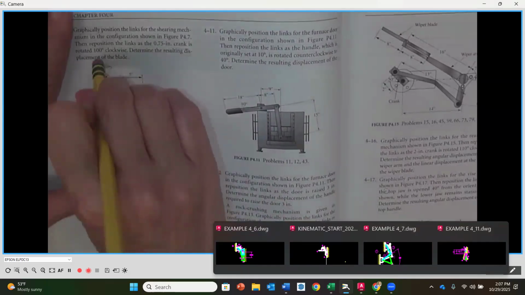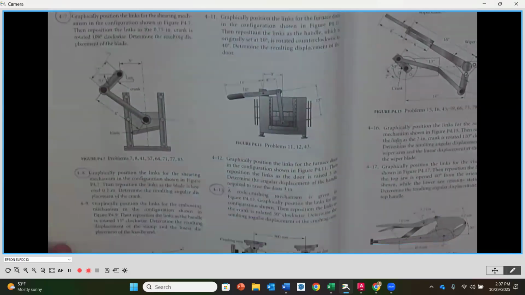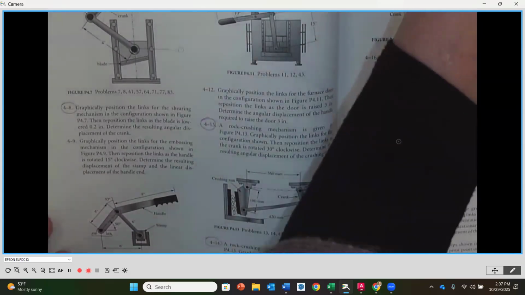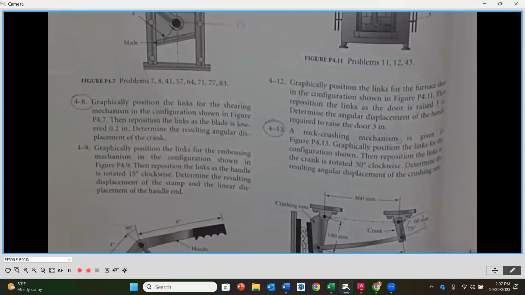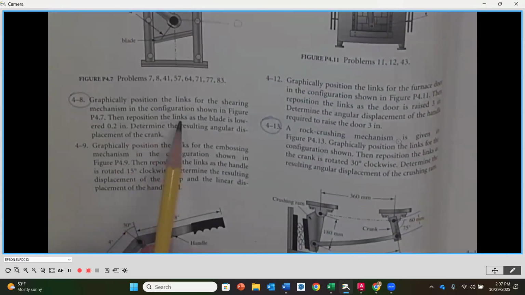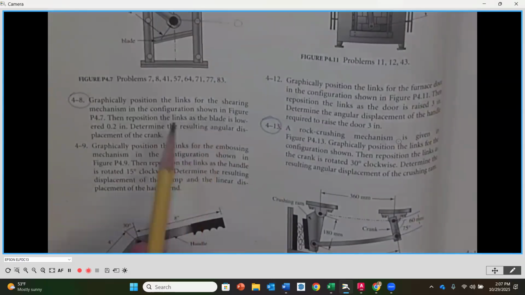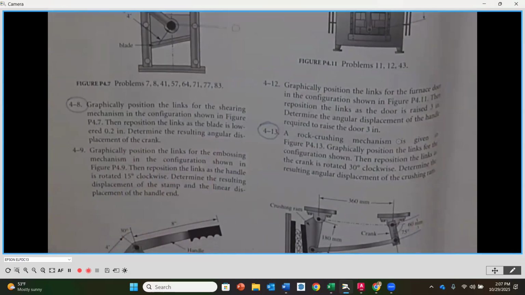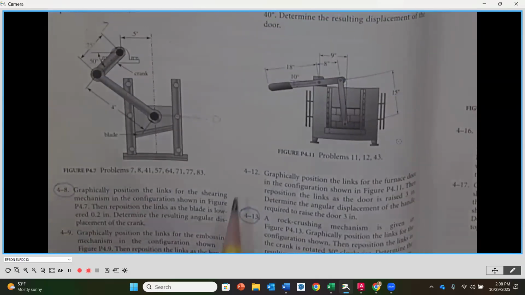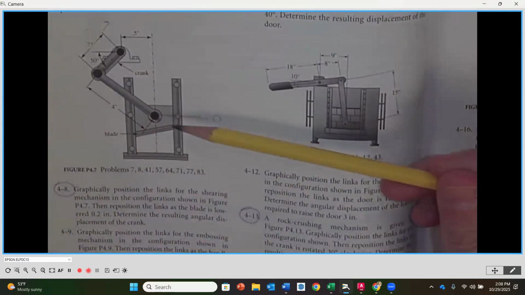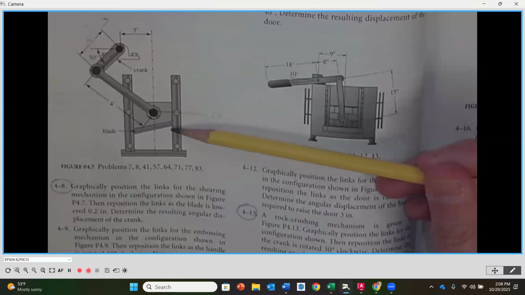Utilizing the same start diagram, you're now going to do 4.8. Now, 4.8 is a little different. It wants you to reposition the blade to be lowered 0.2 from where it's at. So you're going to start with this as your home, and you're going to move the blade down 0.2 inches.